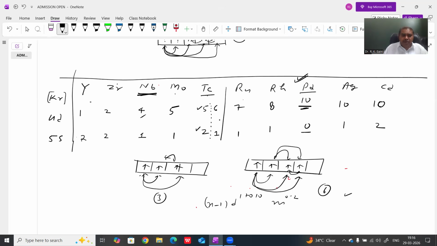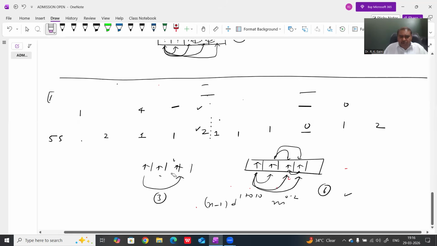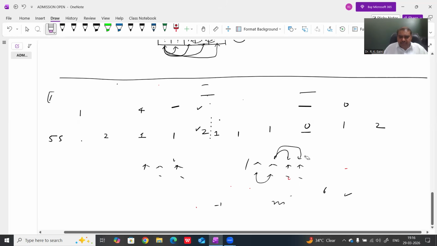Now we discuss the electronic configuration of the 5d series. Many exceptions are also there in the 5d series.